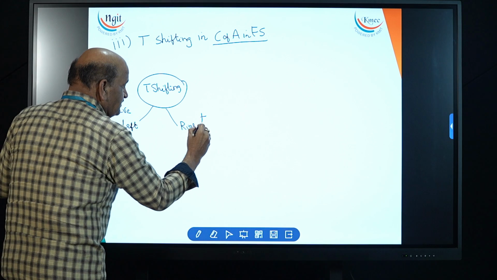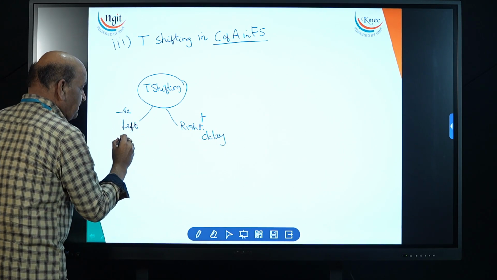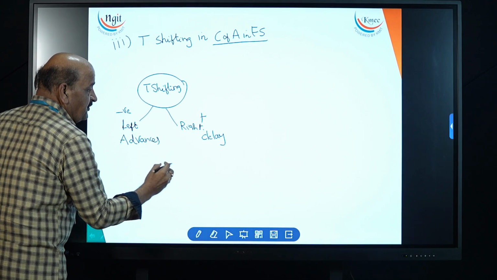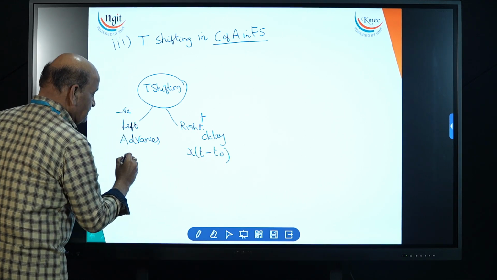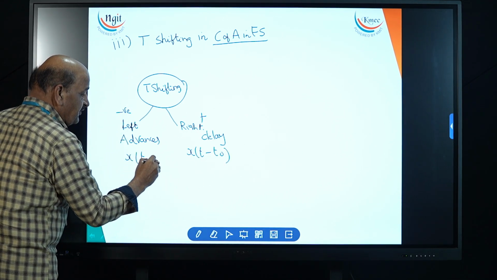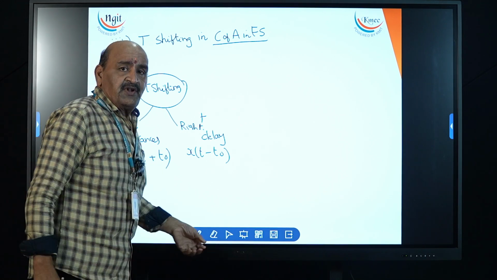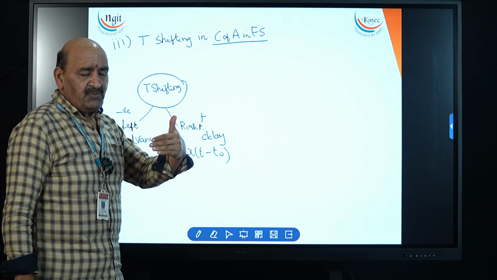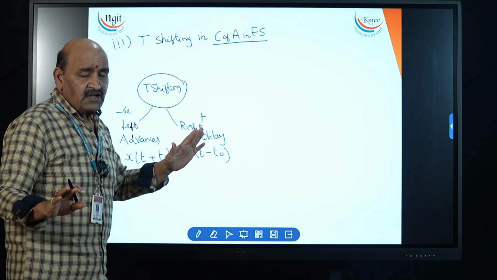Right shifting means what? Time delay. Left shifting means what? Signal advances. So here it is denoted by x of t minus t naught, and this is denoted by x of t plus t naught. If a student comes regularly to college within the stipulated time, for example before or on 9:30, no problem will be with that student.